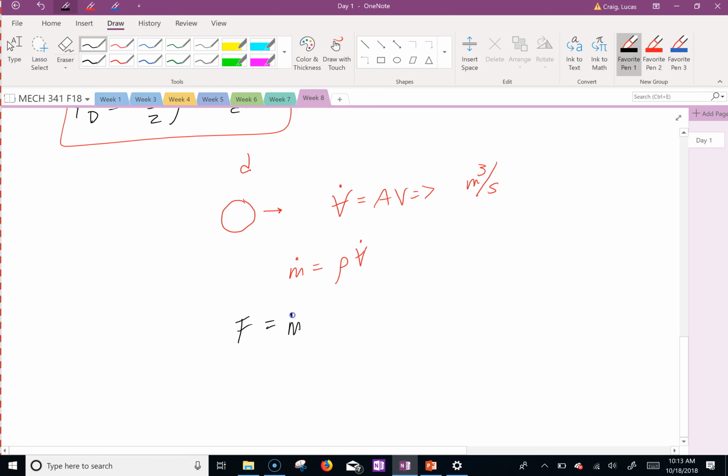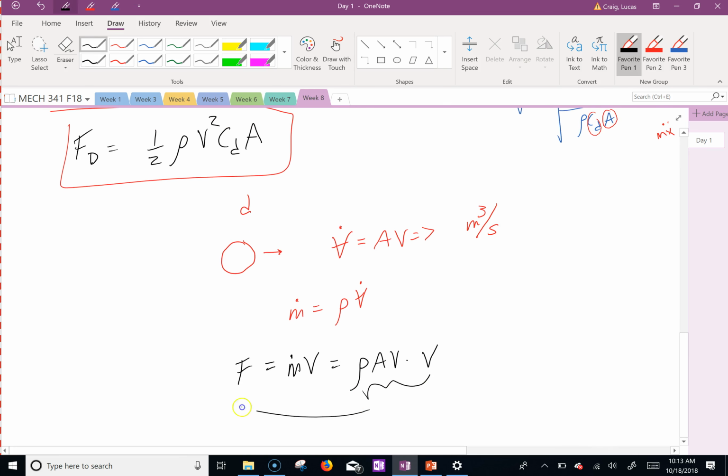So the general idea is your mass flow rate times v. Let's plug in what we have. We have m dot, which is rho A v, times v. So it can just be v squared at that point. That is in that equation already, right?